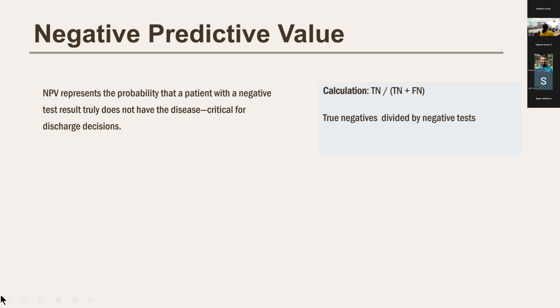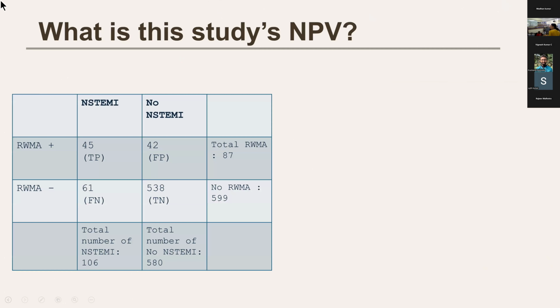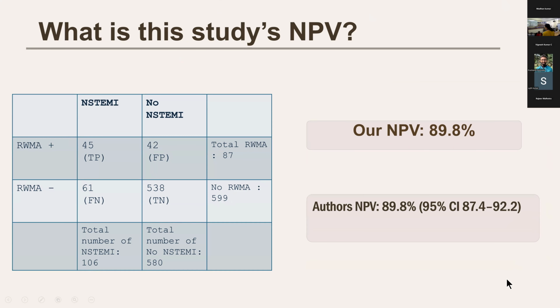Here it's true negative divided by everyone who tests negative. So that will be true negative divided by everyone who tests negative. Yeah. 538 by 599. True negative divided by everyone who tested negative.